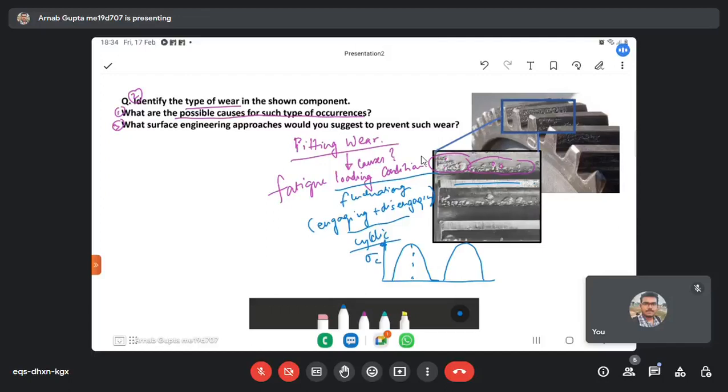Pitting wear is occurring. So how does this, you know, what is the underlying mechanism of the proceeding of such type of wear? What actually happens? So there will be, say, another surface.